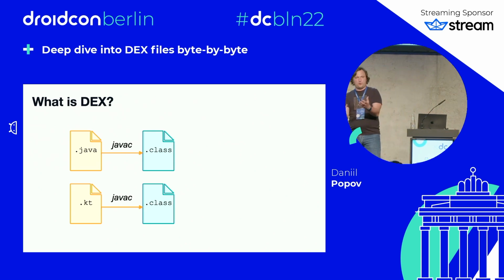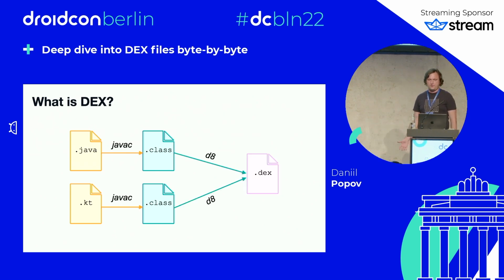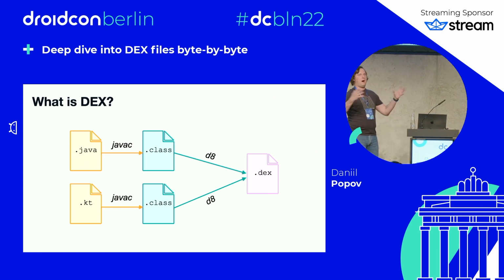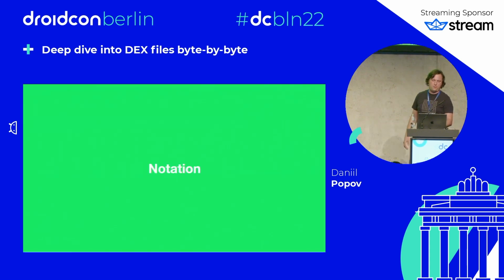As the output, you have the class files, right? After that, you pass those class files to the D8 tool, which compiles them and bundles them in one DEX file. Not actually a single one, but many files in one DEX file. That's how your code is converted into the DEX file.